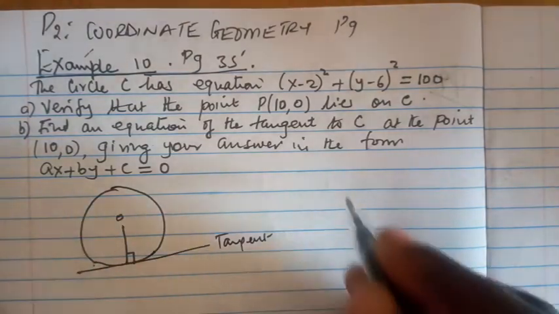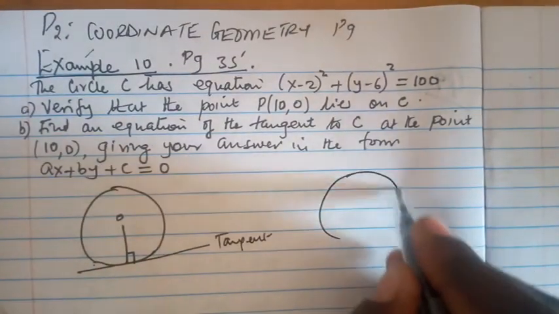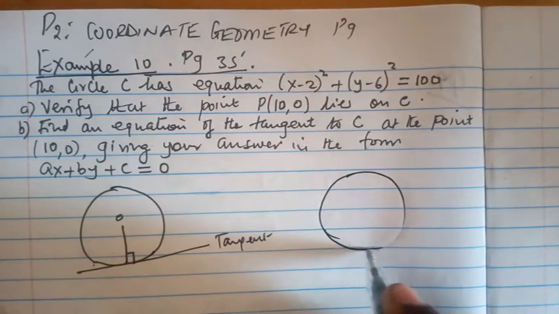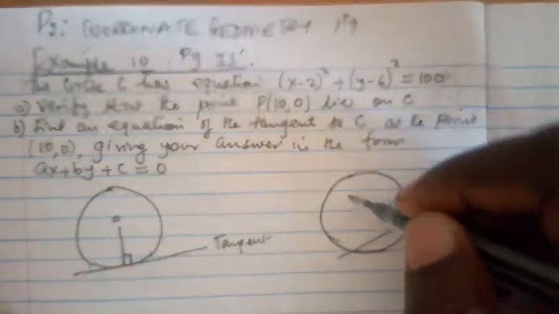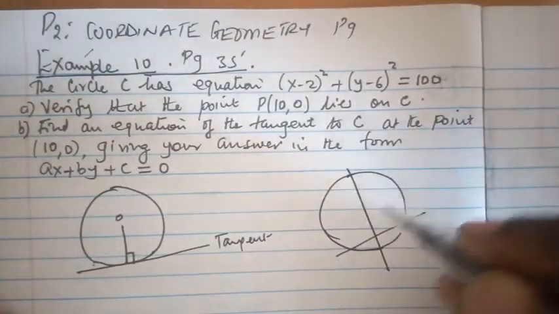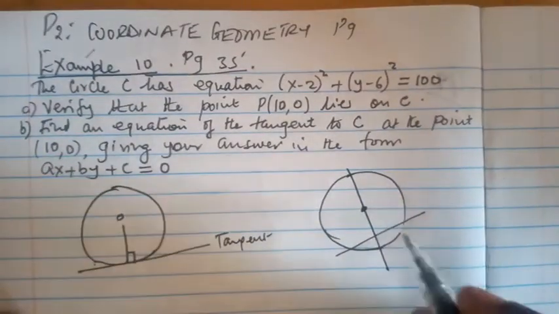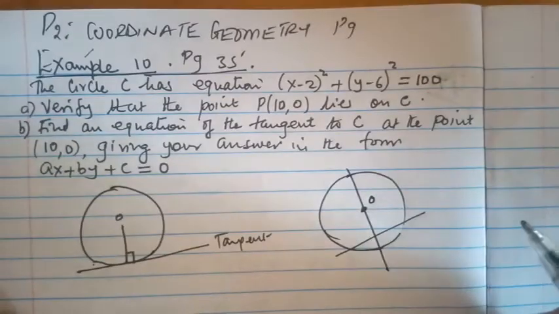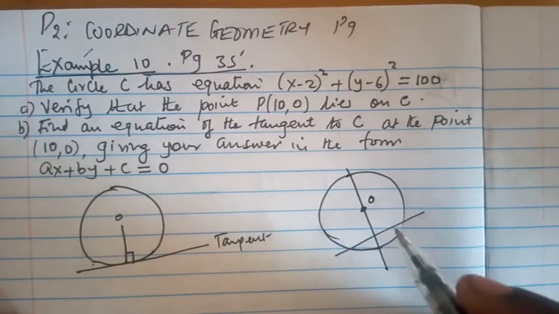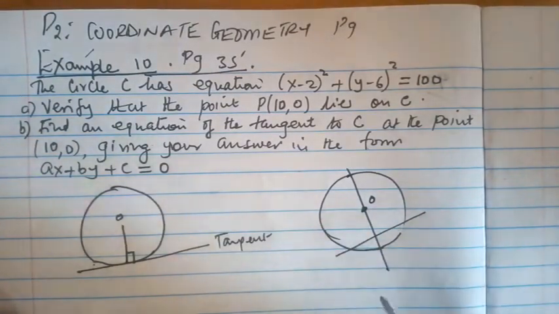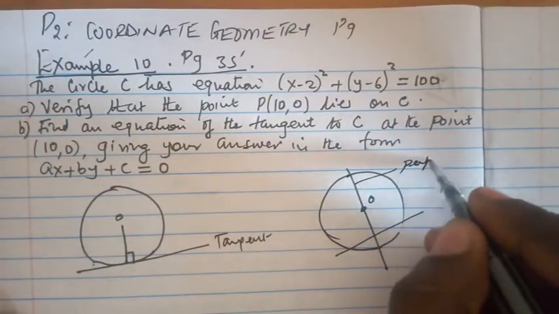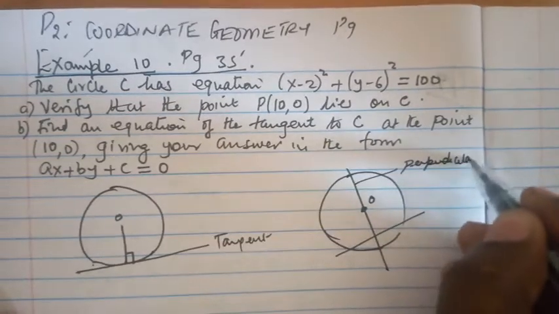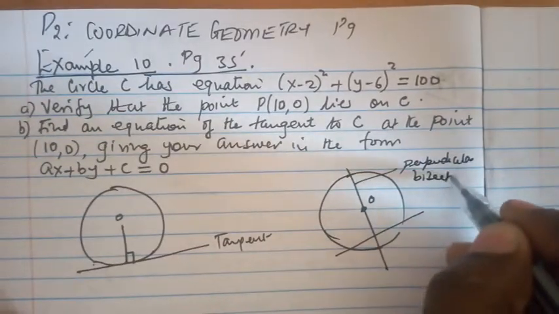We could have another circle like that, and a chord, and that chord is met by another line coming from the center O, and it is a perpendicular bisector.